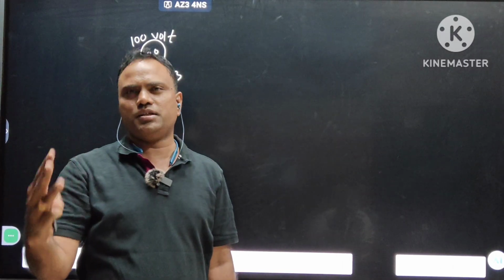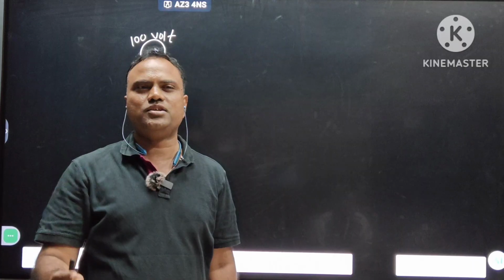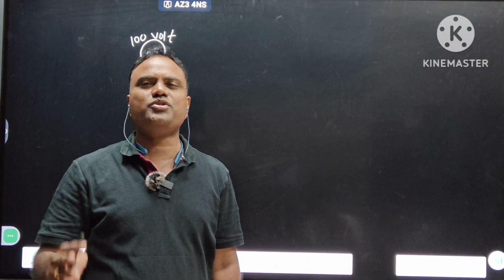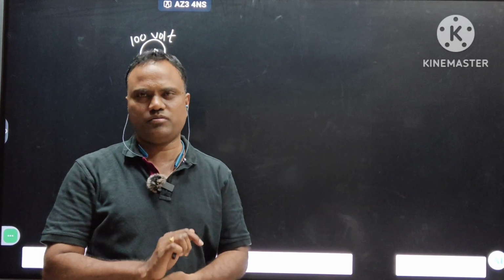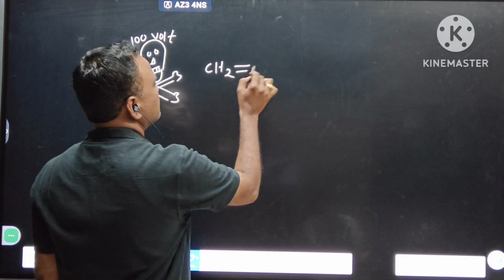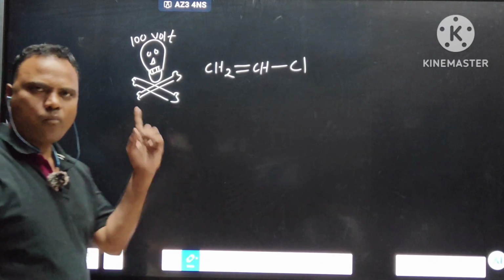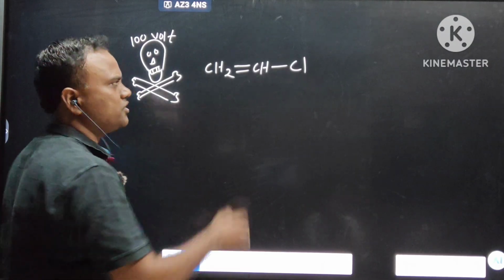Three alkyl halides never participate in SN1 and SN2. Substitution is not possible for those halides. What are they? What is its name? Go to the classification.